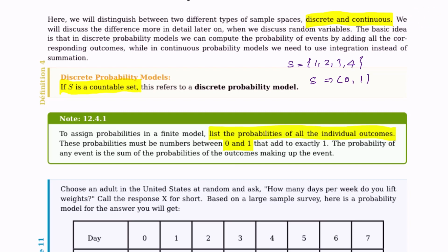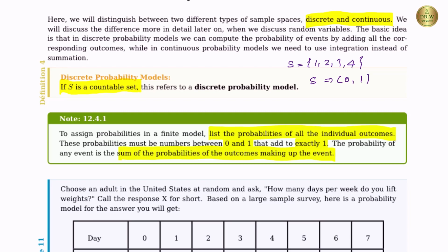The minimum probability is 0, the maximum is 1. Also, the summation of all probabilities of that experiment should be exactly 1. Then how do we find the probability of any event? The probability of any event is the sum of the probabilities of the outcomes making up the event.